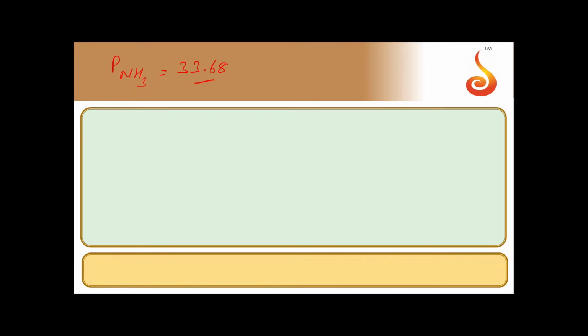So we know the pressure of ammonia, and we also know the mole fraction of ammonia. From Henry's law we can find the KH value. Henry's law is: pressure of ammonia is equal to KH of ammonia into the mole fraction of ammonia.